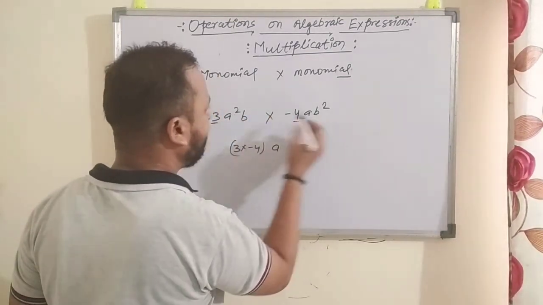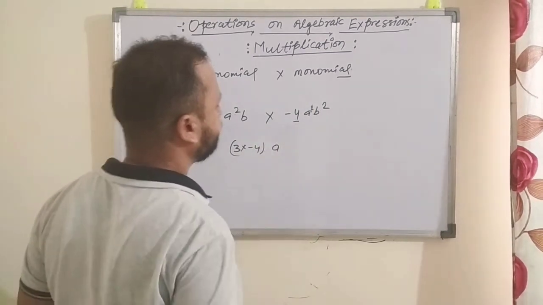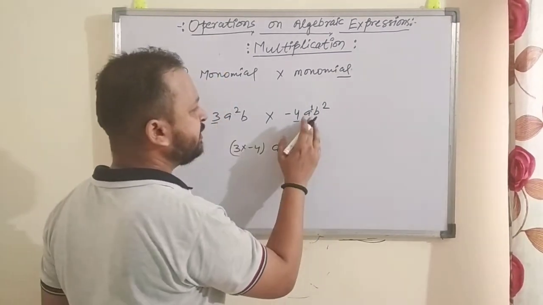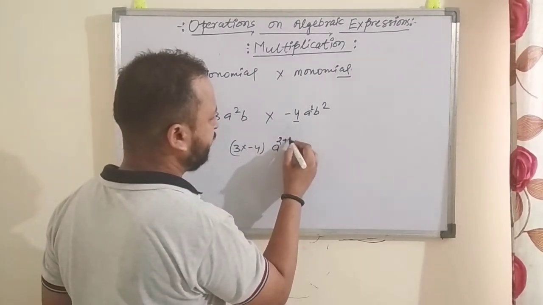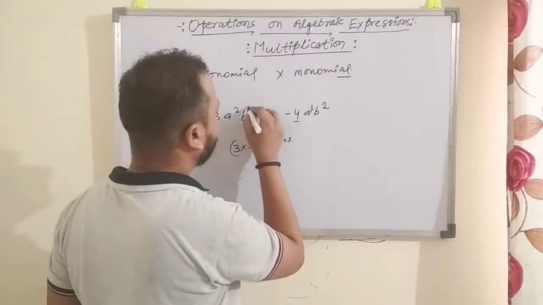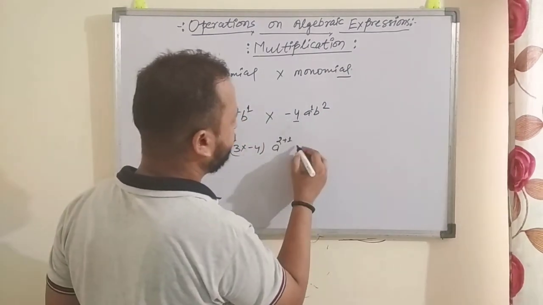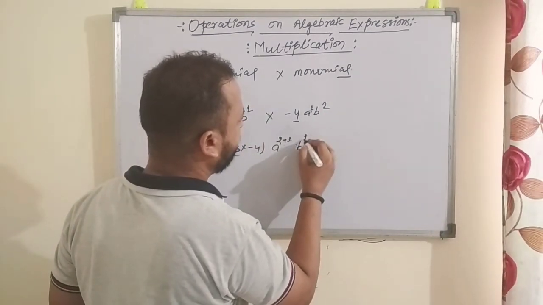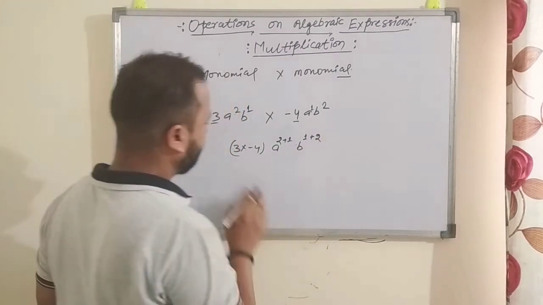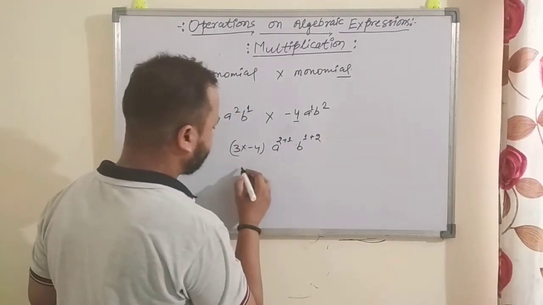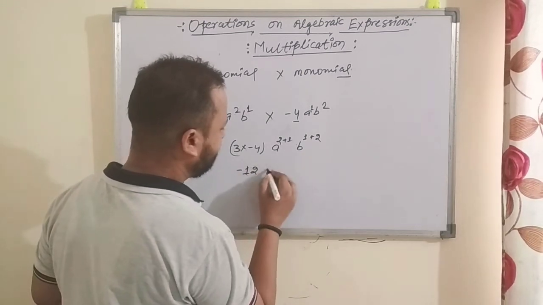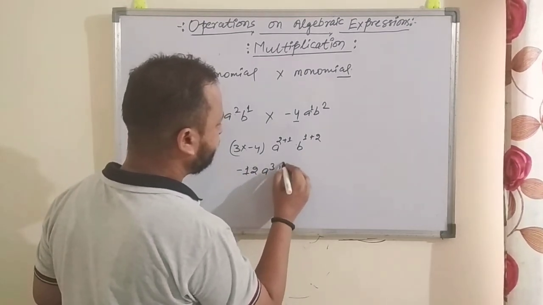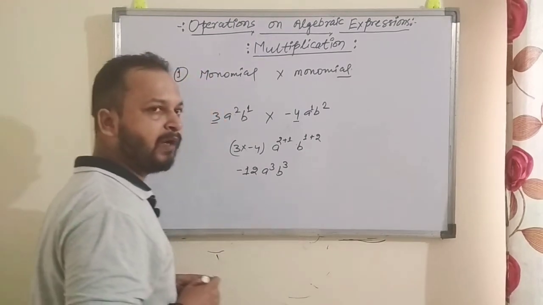Here the power of a is 2 and here the power of a is 1. If the bases are the same, you can add the powers, right? So 2 plus 1. And for b, here also the power is 1 and here 2, so b power 1 plus 2. So 3 multiplied by minus 4 is minus 12, and a cube b cube, right?